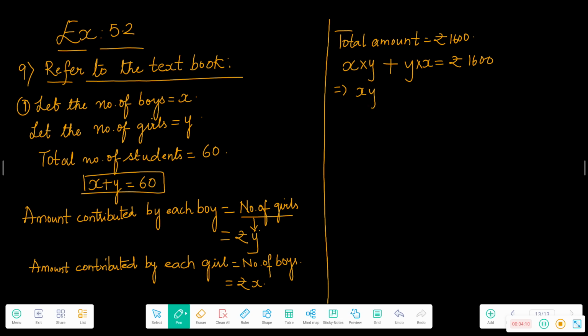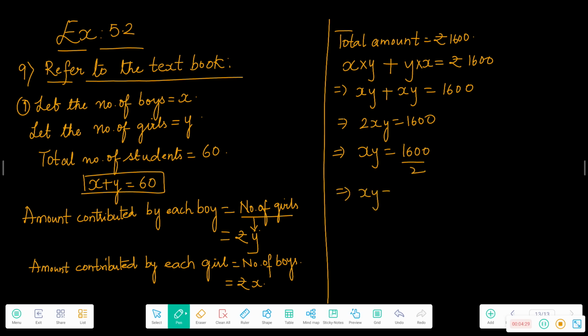So x into y will give you xy, plus y into x will again give you xy, is equal to 1600. xy plus xy is 2xy is equal to 1600. So we get xy is equal to 1600 divided by 2. When we divide 1600 by 2, we will get 800. So xy is equal to 800.